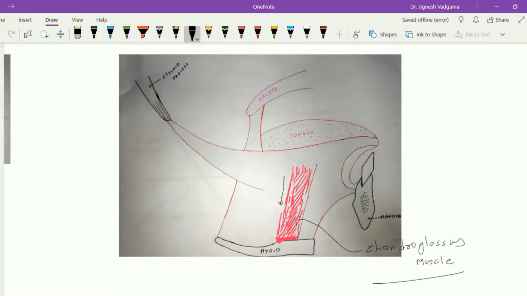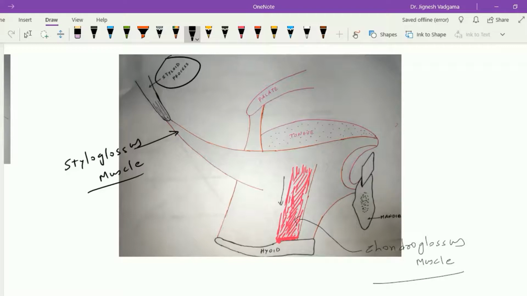Now let's see the styloglossus muscle. So this is the styloid process of the base of the skull, and this is the styloglossus muscle. As the name suggests, it arises from the styloid process and inserts over the side of the tongue.